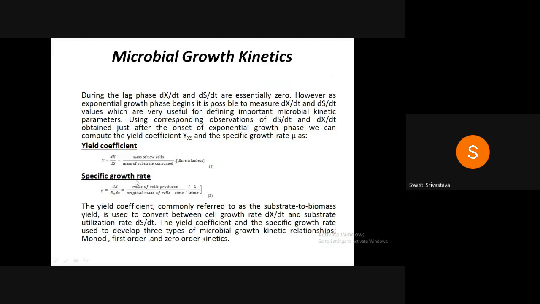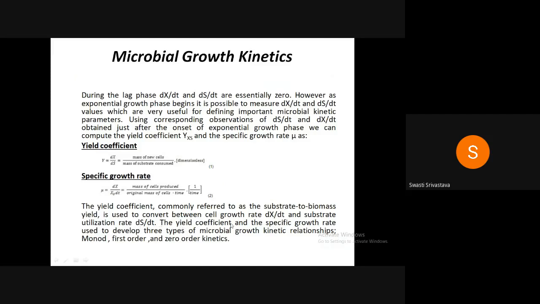Then the specific growth rate is given by mu = (dx/dt)/x0, that is, mass of the cells produced upon the original mass of the cells multiplied by time, that is, multiplied by 1/time. This yield coefficient, commonly referred to as substrate to biomass yield, is used to convert between the cell growth rate dx/dt and the substrate utilization rate ds/dt.